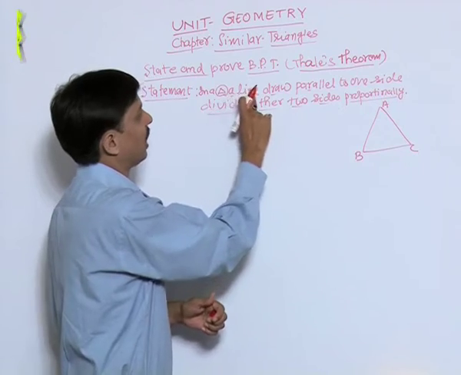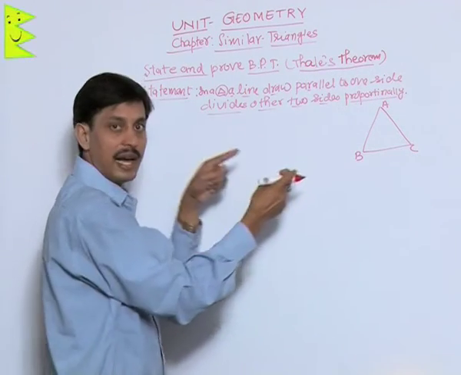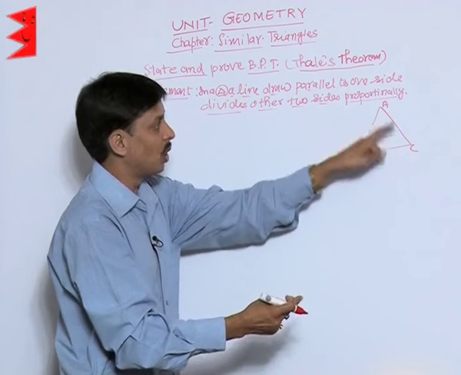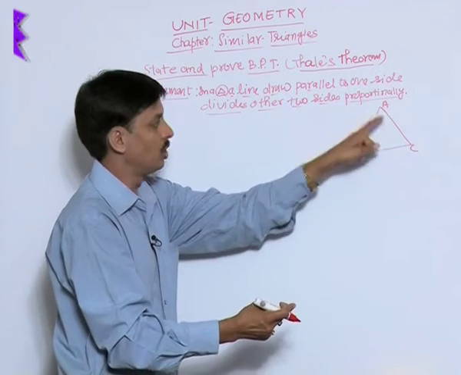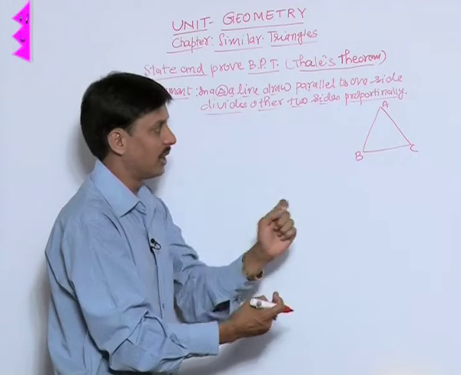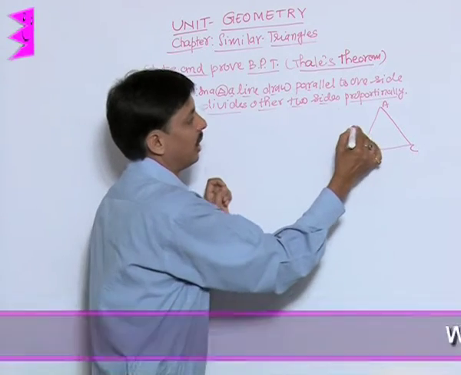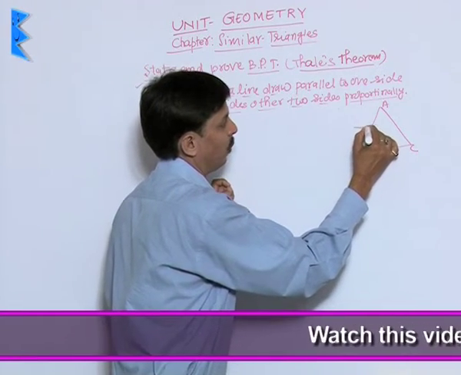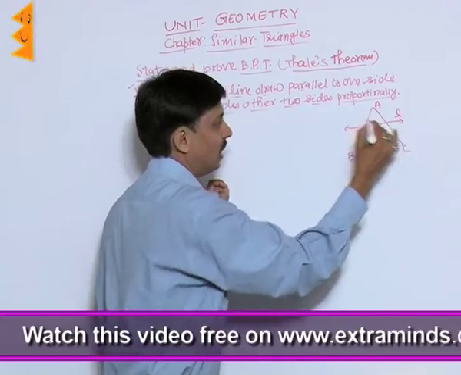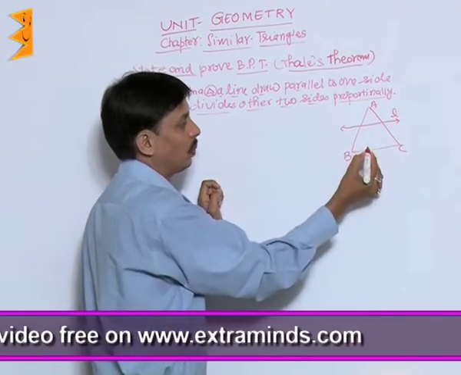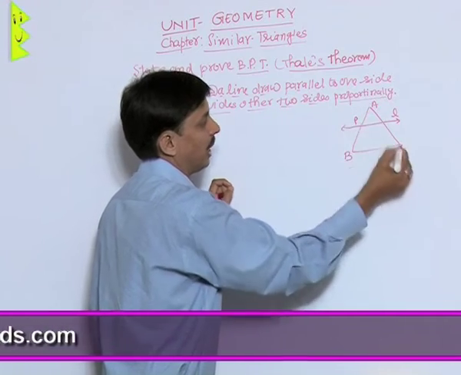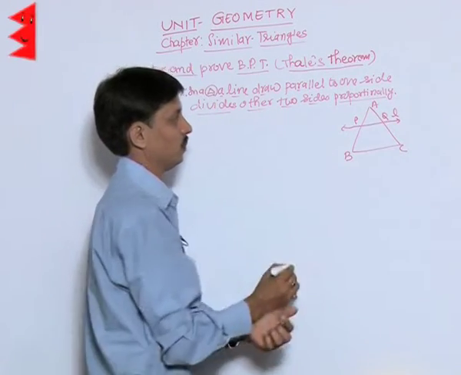Here I have to draw a line which is parallel to BC, or it may be parallel to AC, or parallel to AB. So I am taking a line named L which is parallel to line BC. L is drawn parallel to BC, which is intersecting AB at P and AC at Q.